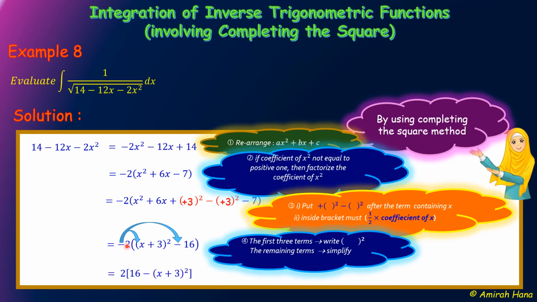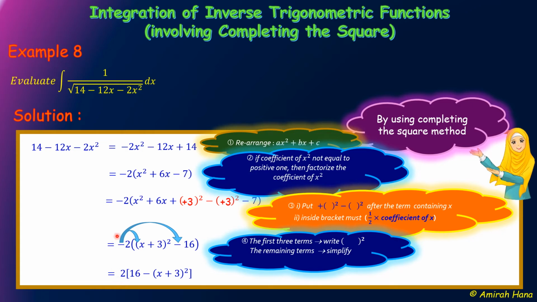So we get +2, and then negative times negative equals +16. We put a positive sign in front, and then negative times bracket x plus 3 squared, we get negative bracket x plus 3 squared. Okay, now no more negative sign in front here.